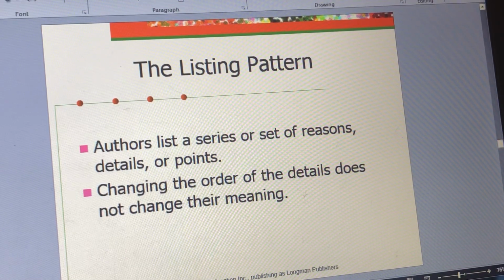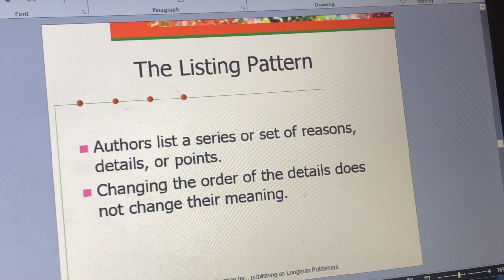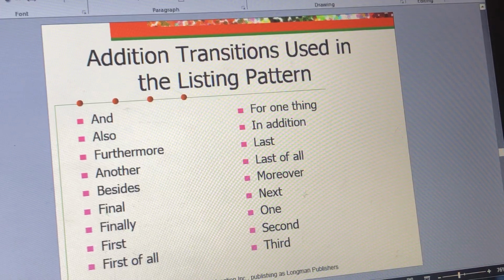Remember we talked about major supporting details and minor supporting details. Listing patterns may come across as a minor supporting detail in any one of these other essays that we've talked about. Again, here are some of the ones that may be used. It'll be up so you can look at it at your leisure.